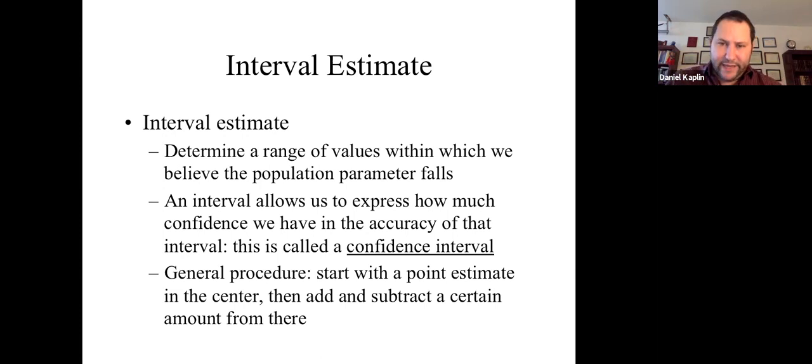So an interval estimate allows you to say plus or minus. The best way to describe this is, let's say a person had an IQ of 100, and I said that using an interval estimate of plus or minus 6. Well, what would that mean? That would mean that we believe this person's true intelligence is anywhere between 94 and 106.